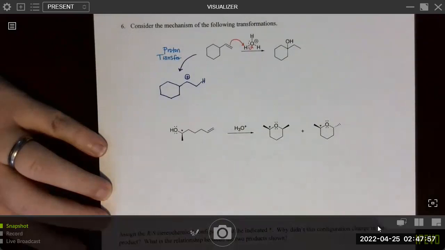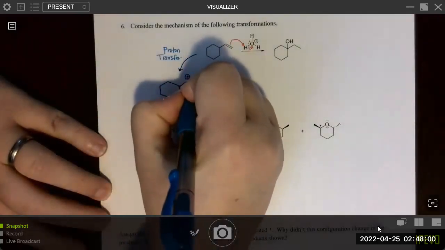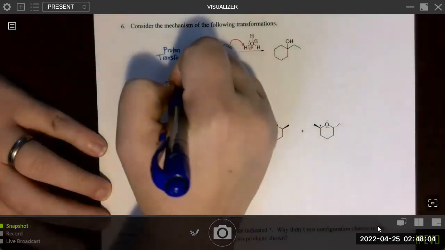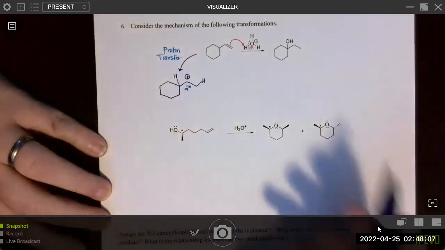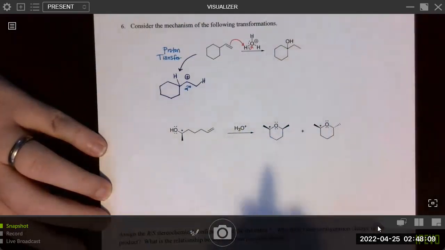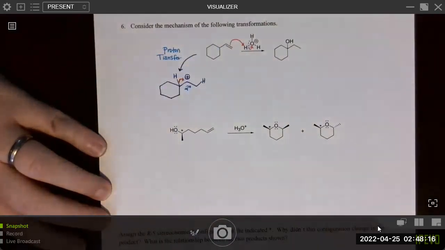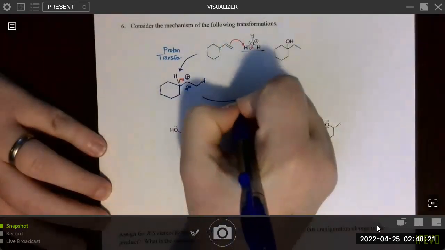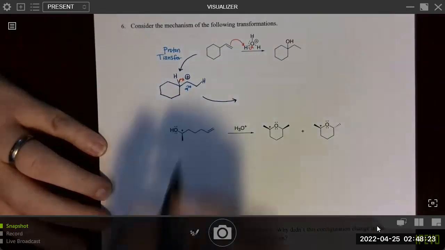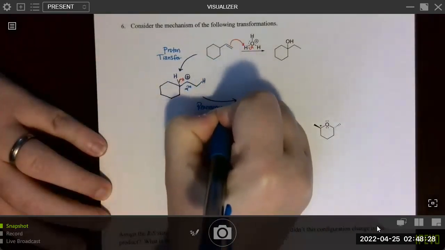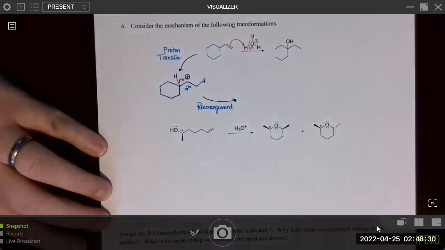So this is a secondary carbocation, so we should always consider rearrangement. And in this case, it does look like this is a rearranged product, so we need to go ahead and show that rearrangement. We'll draw in the hydride shift.